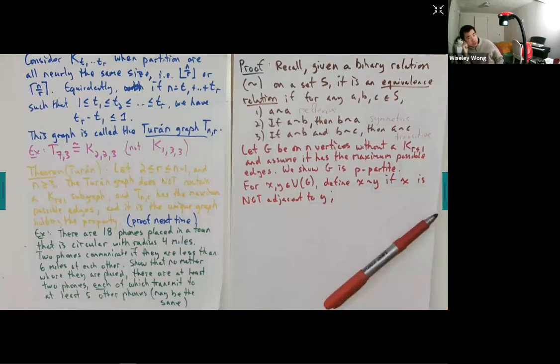The hardest part of this argument to understand is proving transitivity.